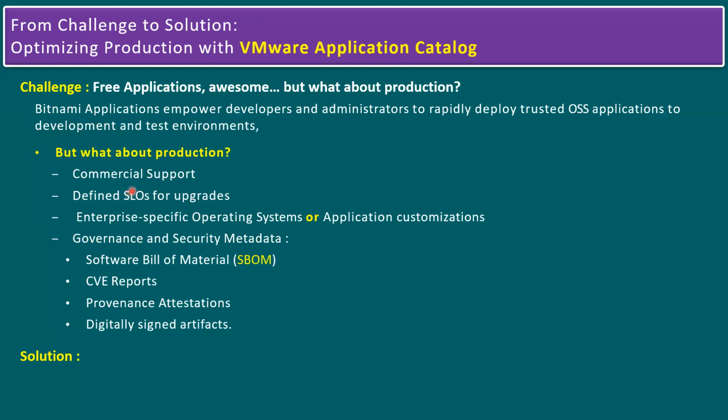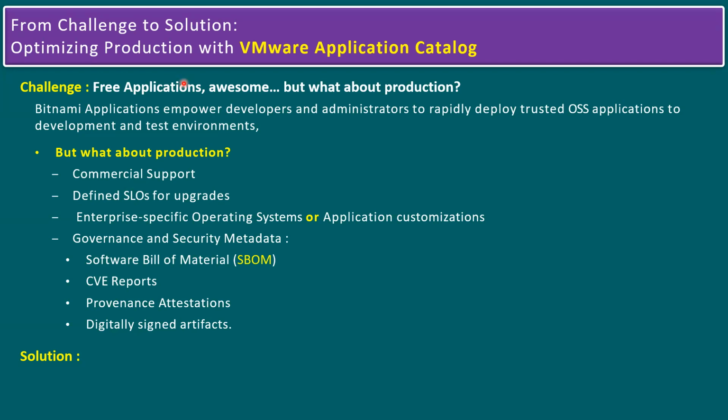We need commercial support and defined service level objectives for upgrades, enterprise specific operating systems or application customization, governance and security metadata. These are software bill of materials, in short SBOM, CVE, common vulnerability and exposures reports, and provenance attestation, digitally signed artifacts. These are not available with the open source Bitnami.